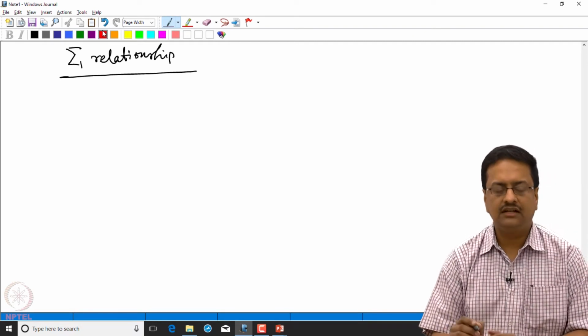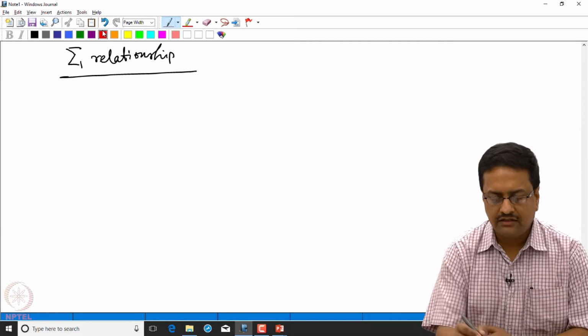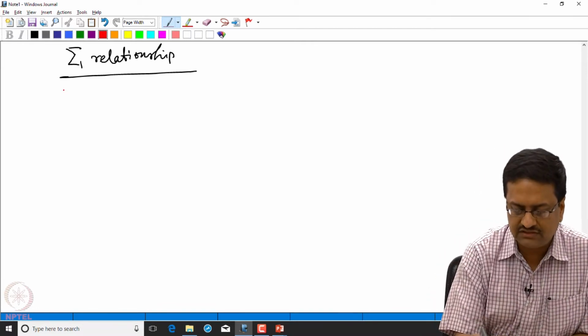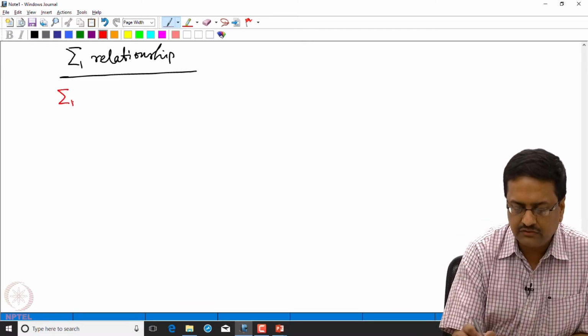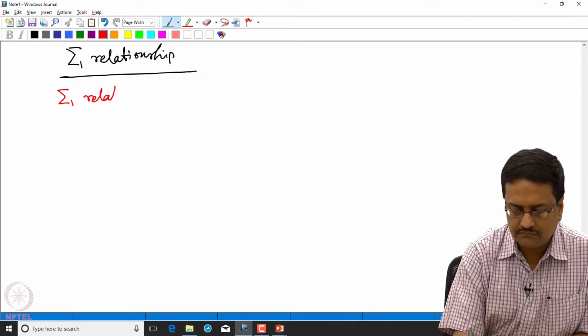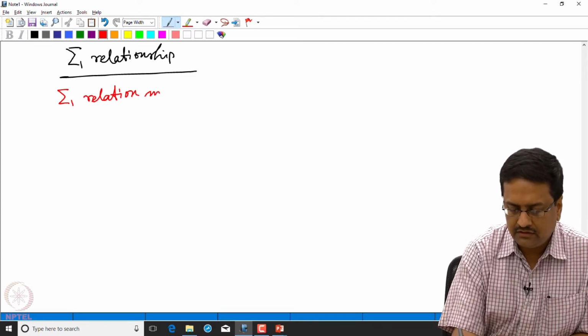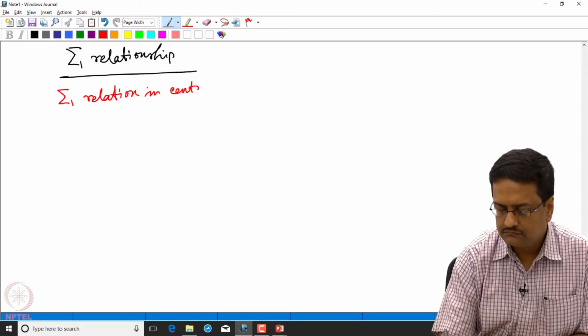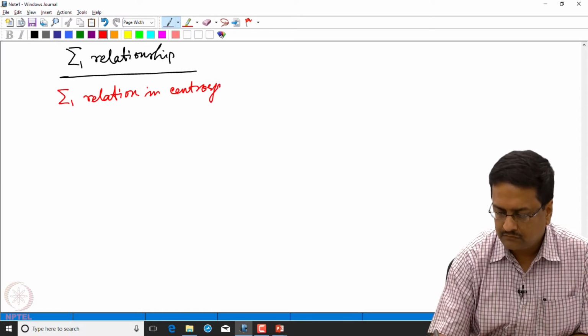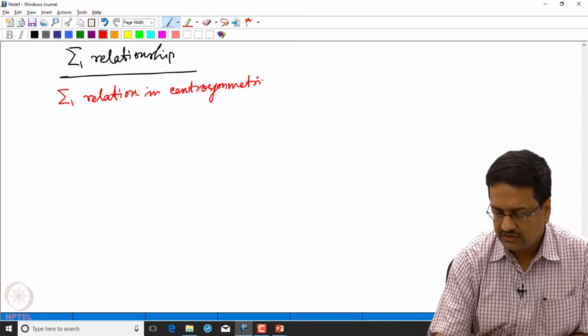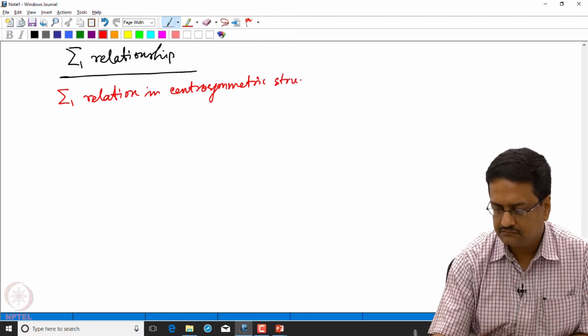This sigma 1 relationship is applied in most of the cases of centrosymmetric structures. So we use the sigma 1 relationship in centrosymmetric structures.